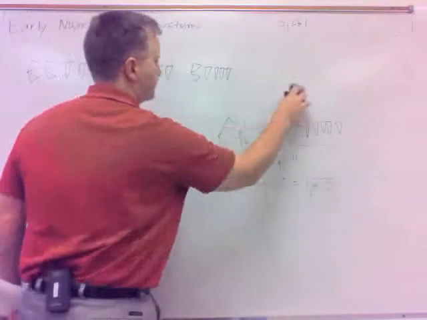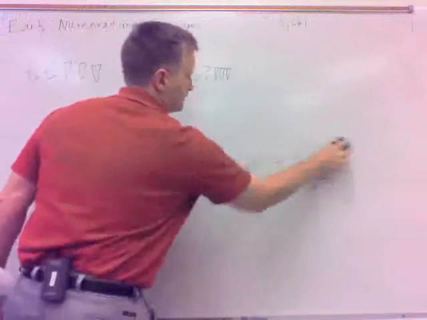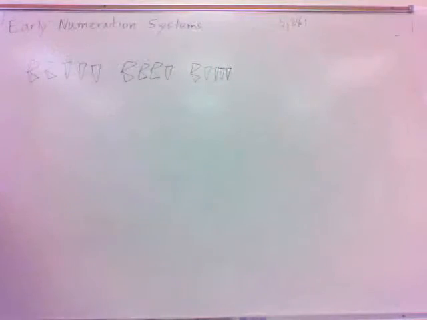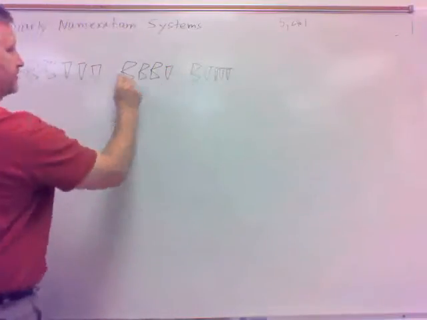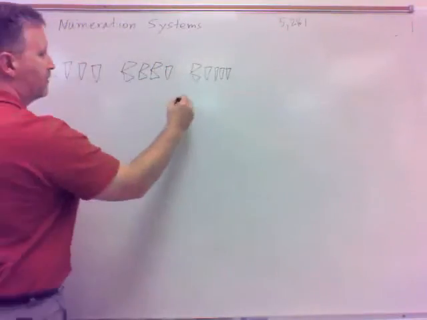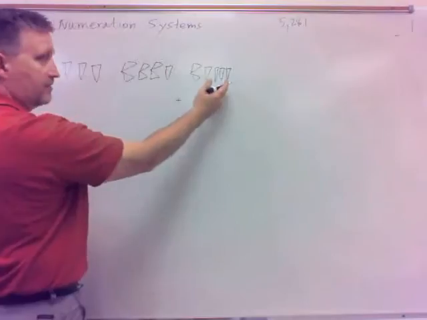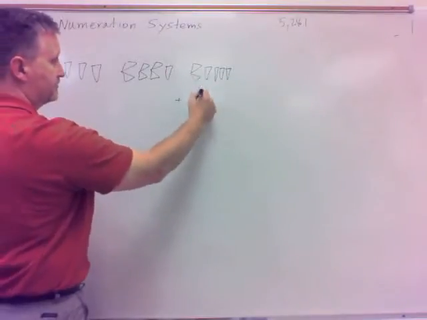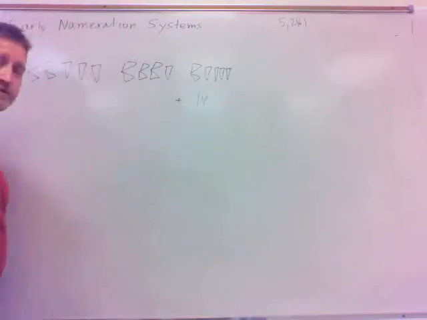Okay. All right, so we've got 3 groups there, don't we? Well, this one, just straight up, whatever it is, right? 14, 10 and 4 ones.